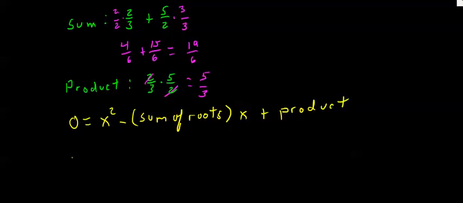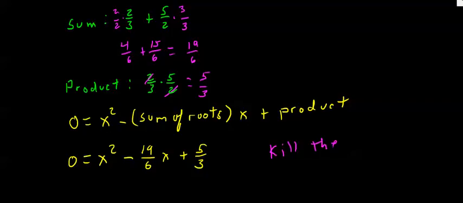So my equation is 0 equals x squared minus the sum, 19/6 x plus 5/3. And then we have one last step.